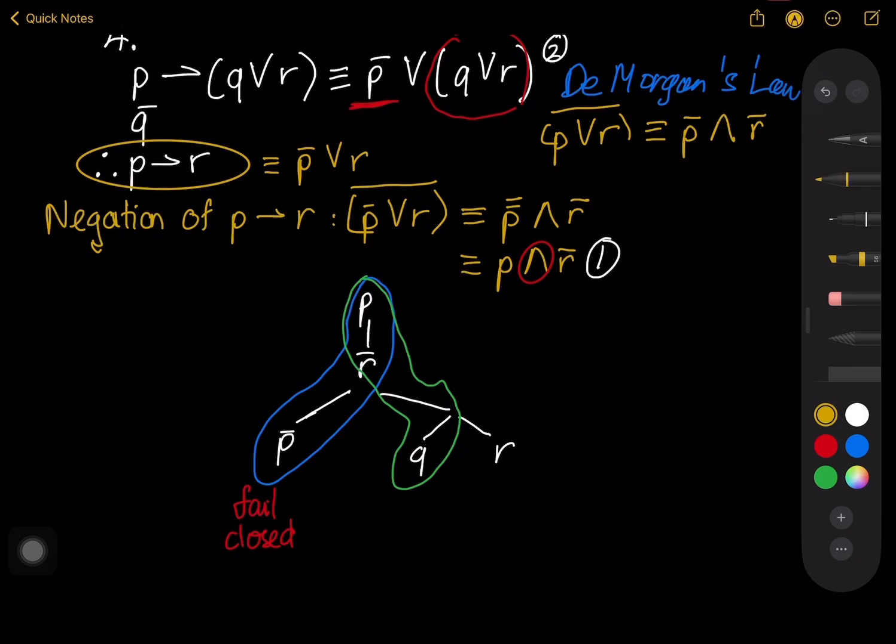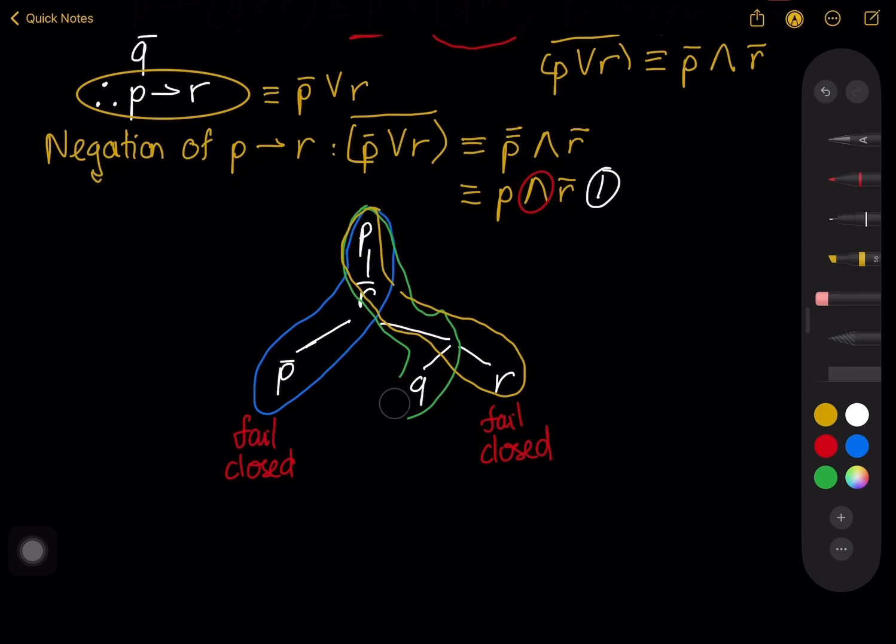Okay, our last branch. Is there any contradiction? There is a contradiction. We have R and not R in this branch. Therefore, this branch is failed and it is closed.